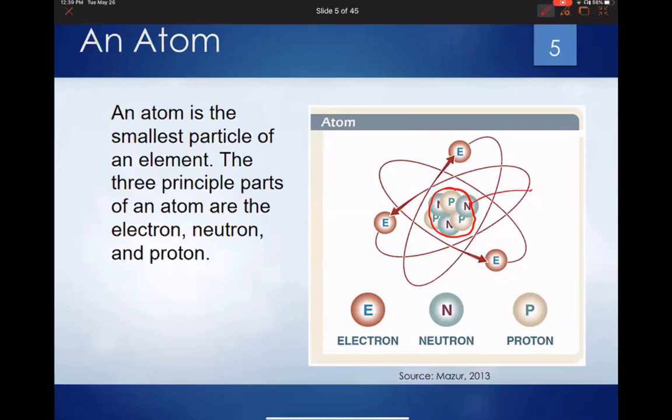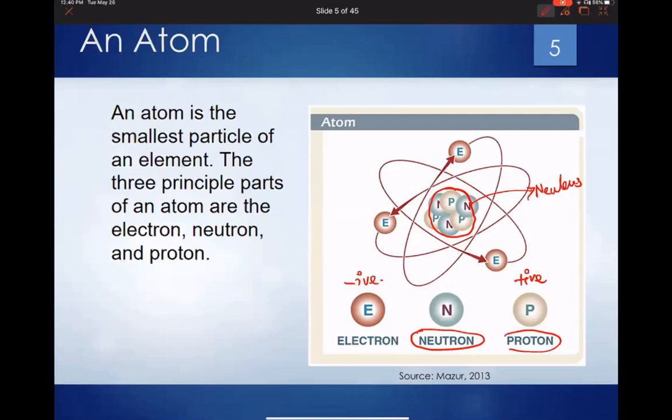Inside this nucleus, you have protons, shown here as P, and neutrons. Neutrons are neutrally charged, protons are positively charged. And then you have electrons, which revolve around the nucleus, and those are negatively charged particles.